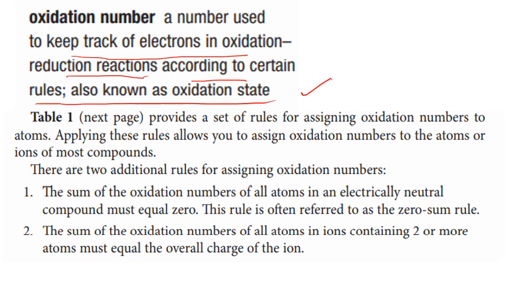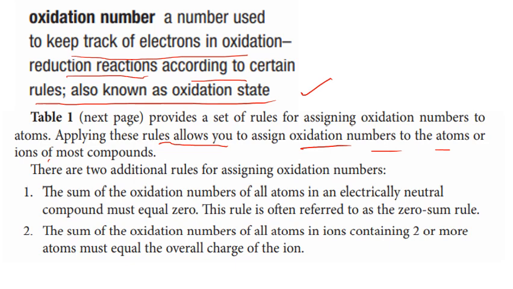So there are some rules we have to keep in mind before assigning oxidation numbers. What are those rules? Let's have a look at them. You have to apply these rules to assign oxidation numbers to the atoms or ions for most compounds, right? So what's the first rule?